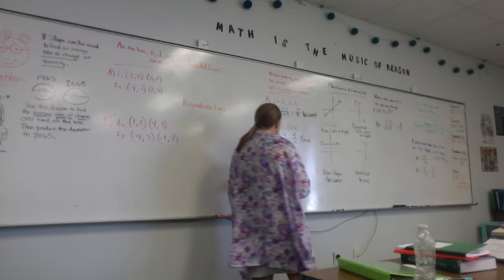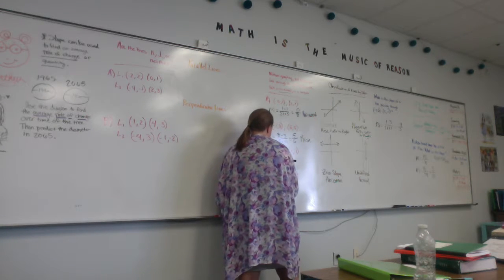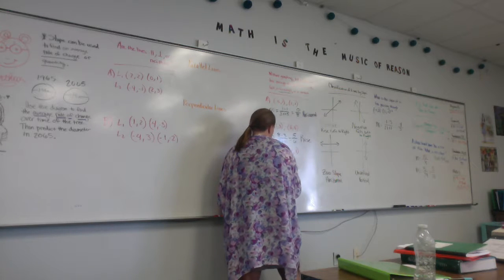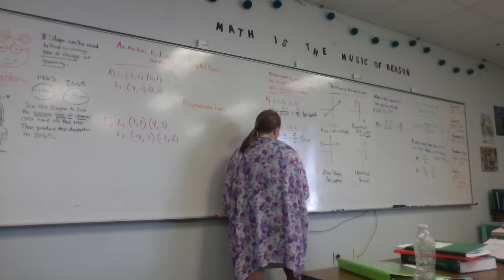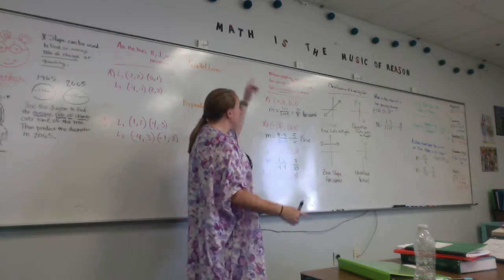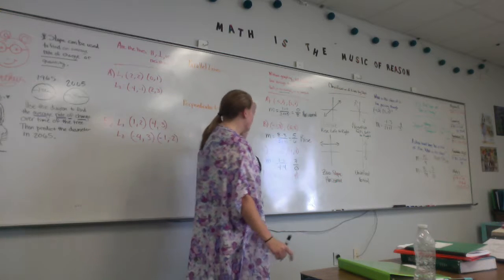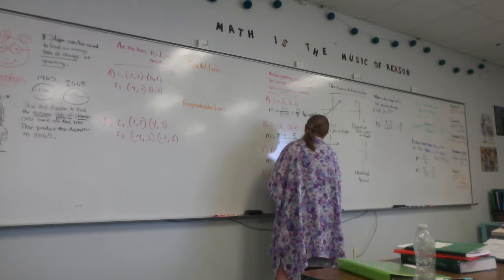Next one. How do I set it up? -1 minus 6 over 4 minus 4. You get negative 7 on top, and you get 0 on the bottom, which is undefined, which is what in this case? Vertical.